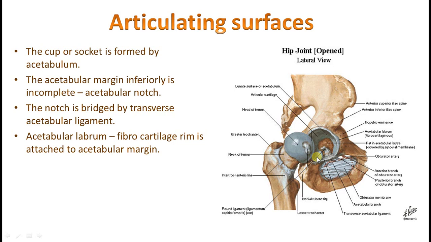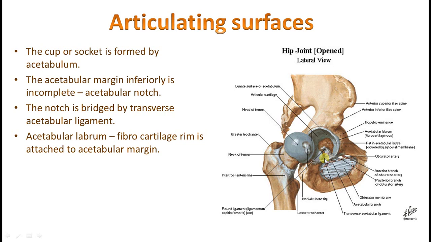It is made up of fibrocartilage. The transverse acetabular ligament can be considered something like the labrum, but it has only fibers and does not have chondrocytes. So that is why you cannot call it a cartilage.